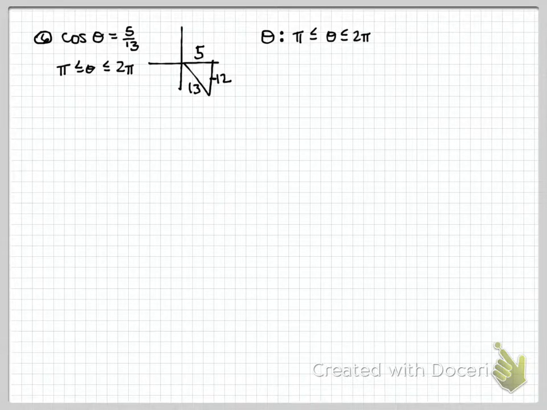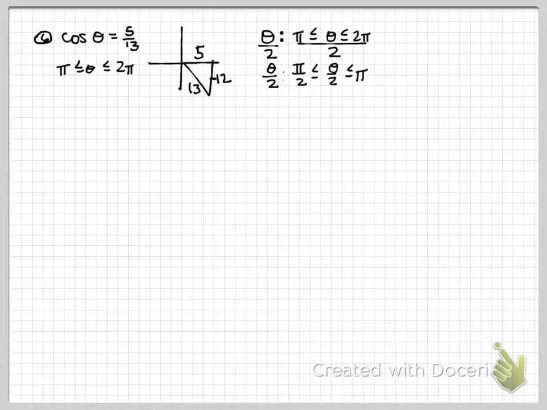If I'm looking for the half angle, I'm going to divide this whole thing by 2. So that tells me that my half angle is between pi over 2 and pi, less than or equal to theta over 2, less than or equal to pi. So now my half angle is going to be in quadrant 2.